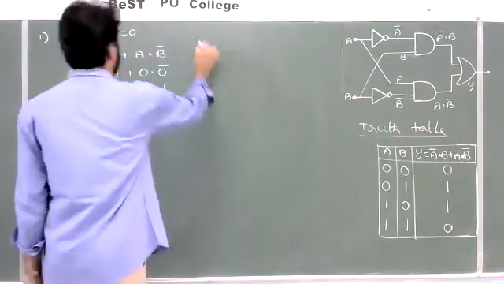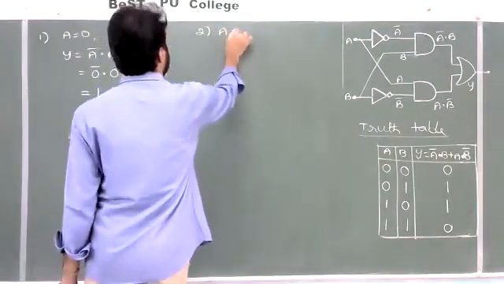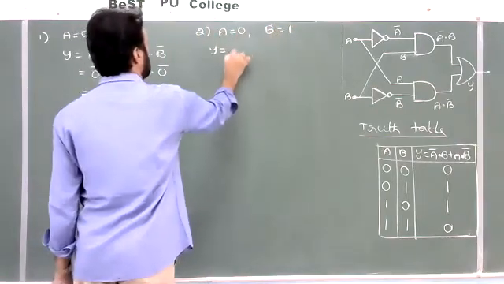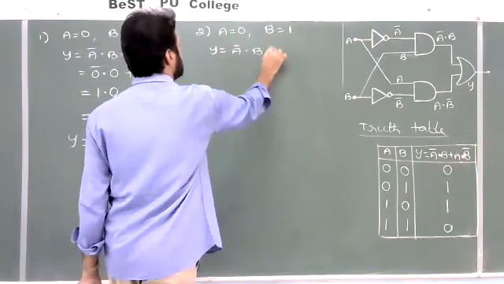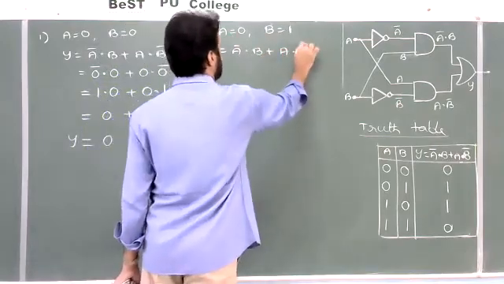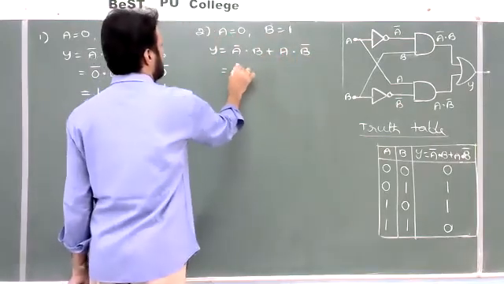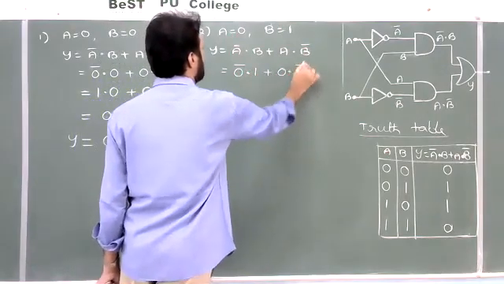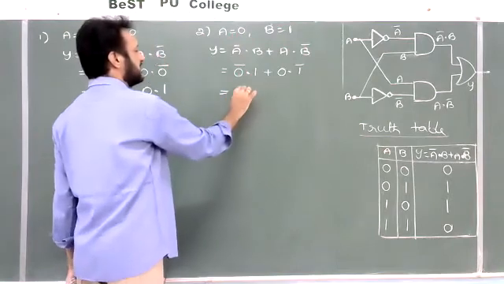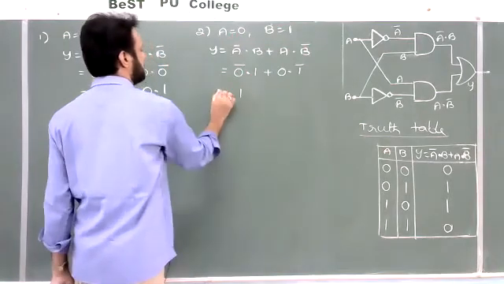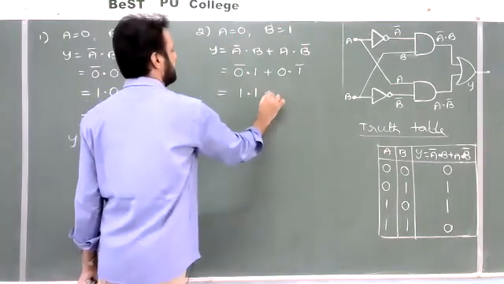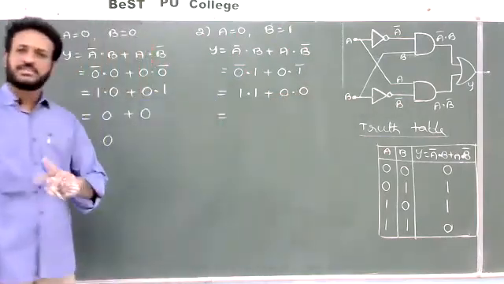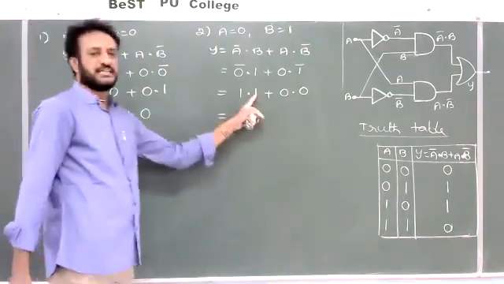I'll check the second one. A is equal to 0, B is equal to 1. Again Y is equal to A complement into B plus A into B complement, which is 0 complement into 1 plus 0 into 1 complement. 0 complement is 1, so 1 into 1 plus 0 into 0. 1 into 1: whenever both the inputs are high, the output is also high in an AND gate.